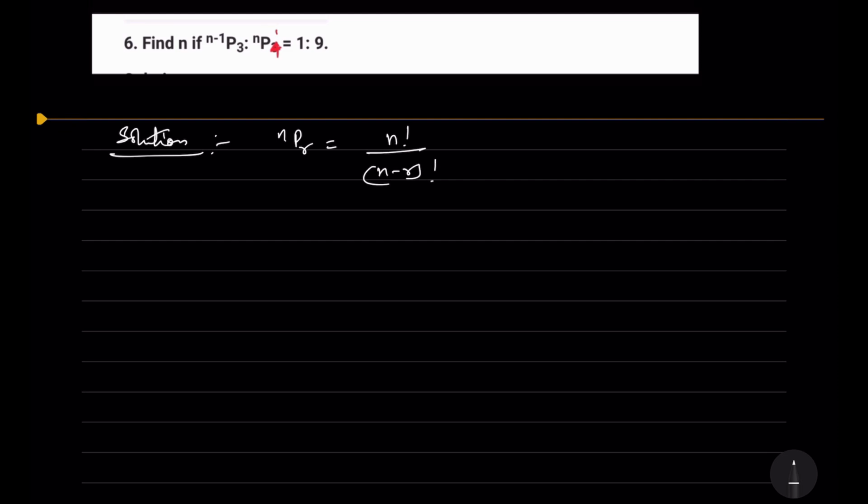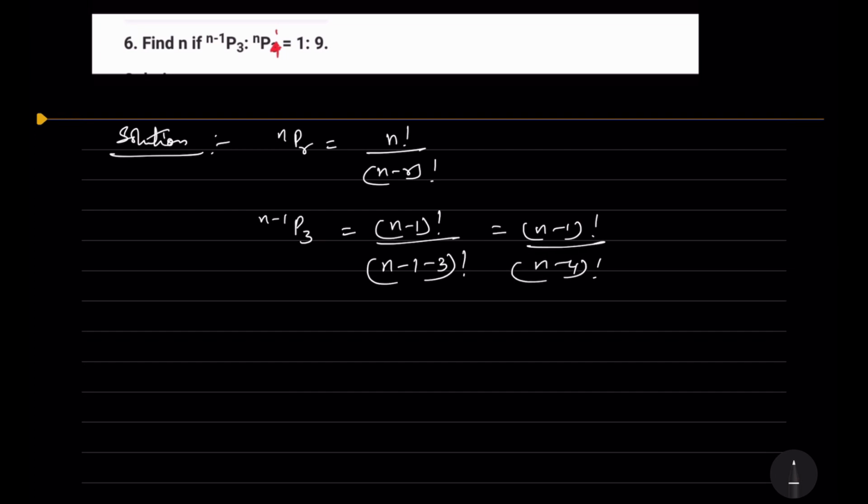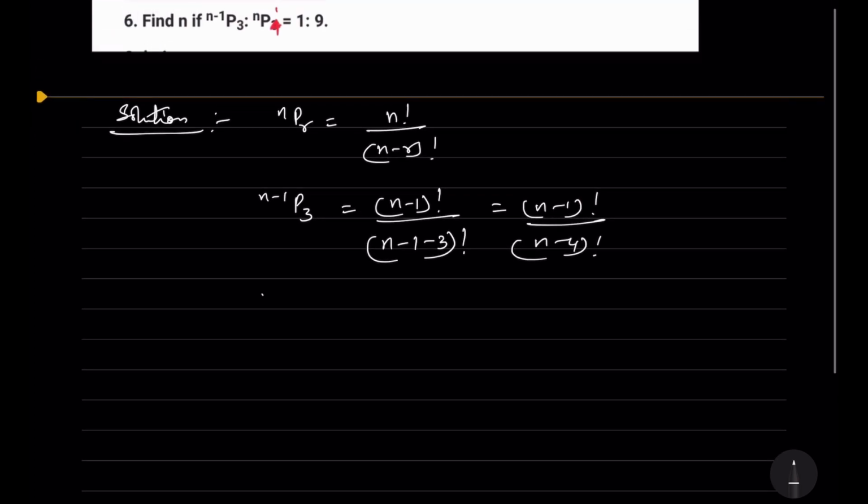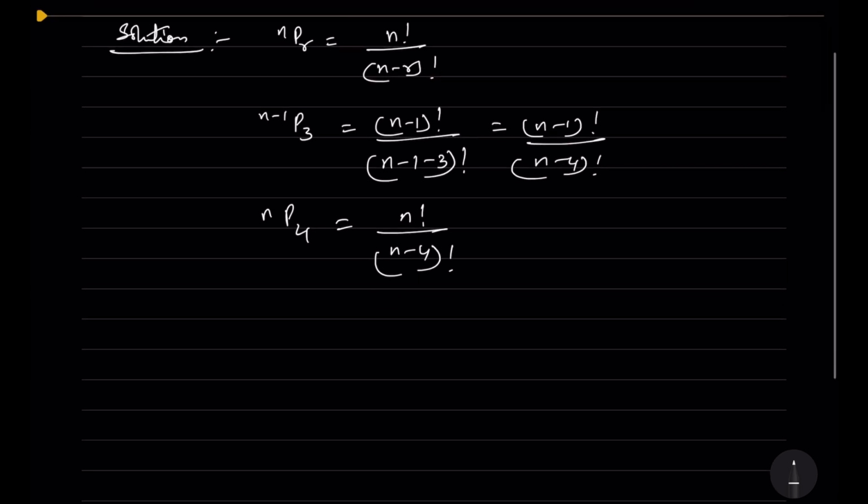Therefore (n minus 1)P3 is equal to (n minus 1) factorial divided by (n minus 1 minus 3) factorial, which is equal to (n minus 1) factorial by (n minus 4) factorial. And next, nP4 is equal to n factorial divided by (n minus 4) factorial.